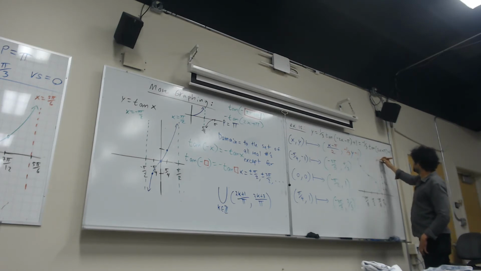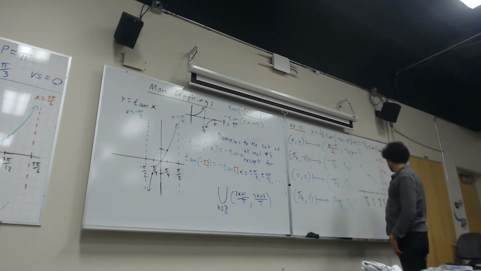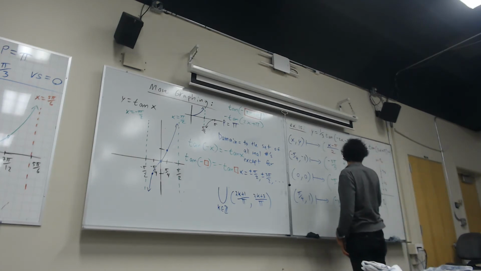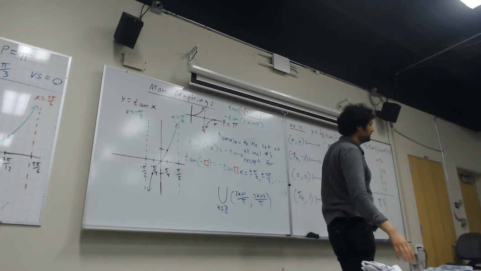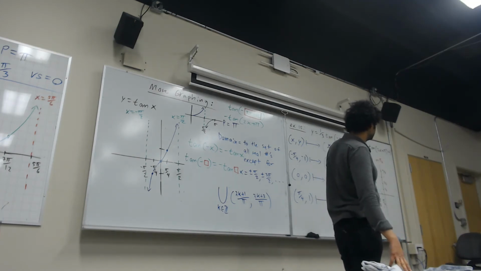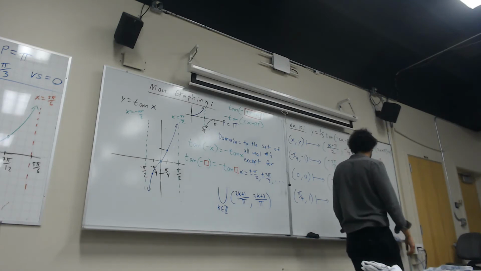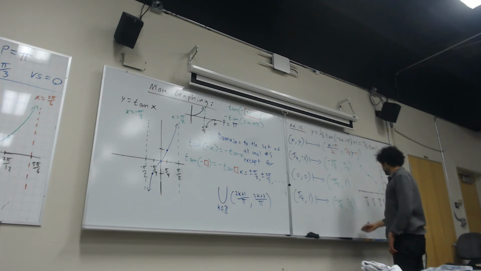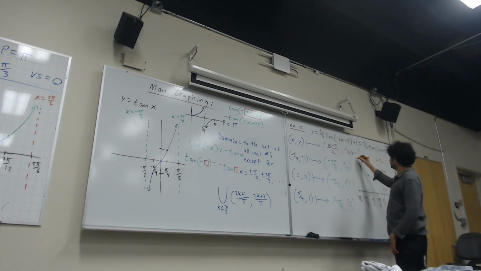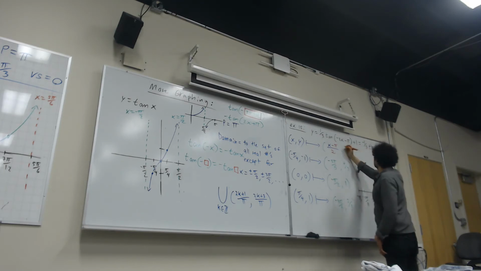So x is equal to -pi over 4. And then pi over 8 in this direction, so subtract pi over 8. That's -6 pi over 8, which is -3 pi over 4. So x is equal to -3 pi over 4.